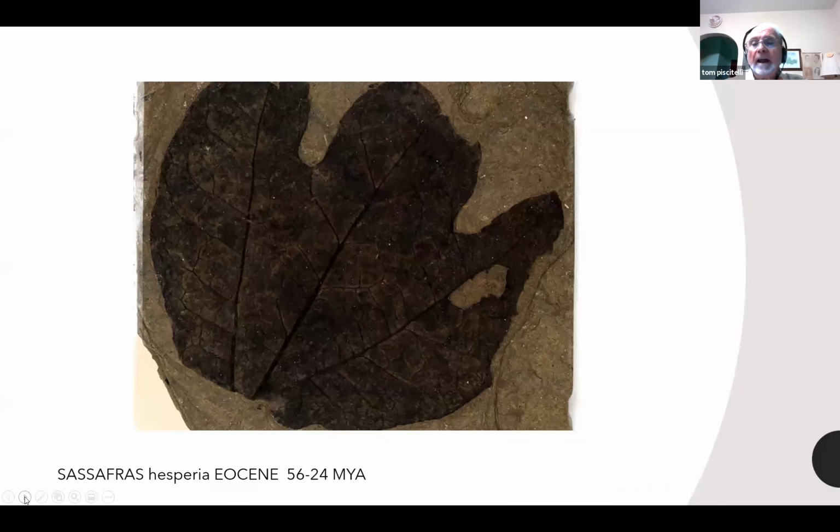Sassafras trees date from the early Eocene epoch, 56 to 24 million years ago. This particular species is extinct, but there are 3 living sassafras species in North America and Asia. Male and female flowers are on separate trees.